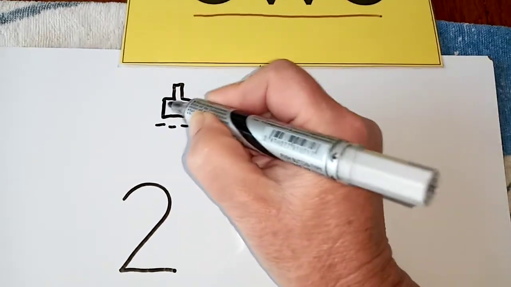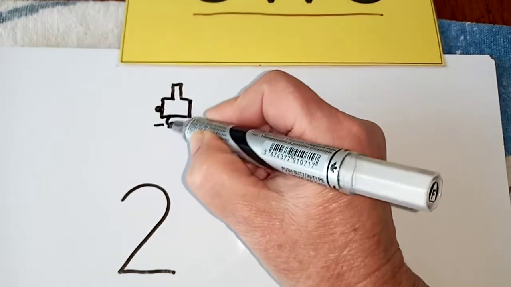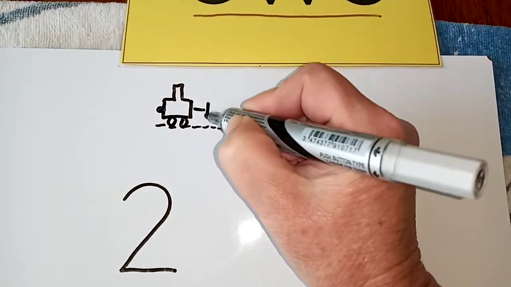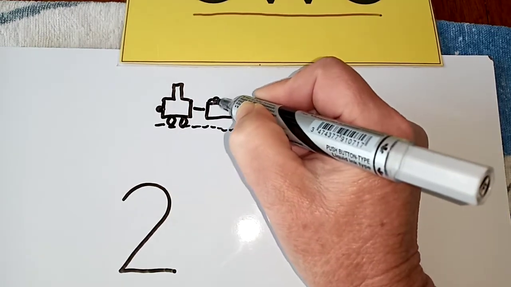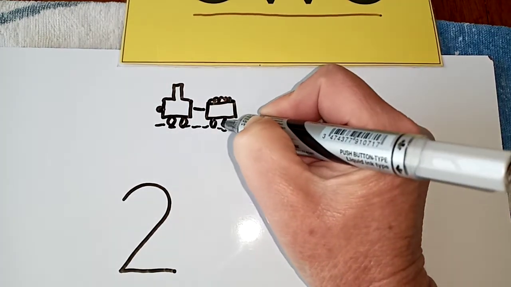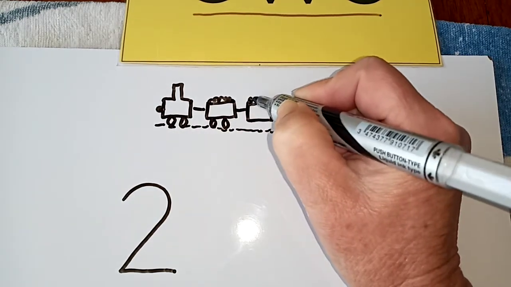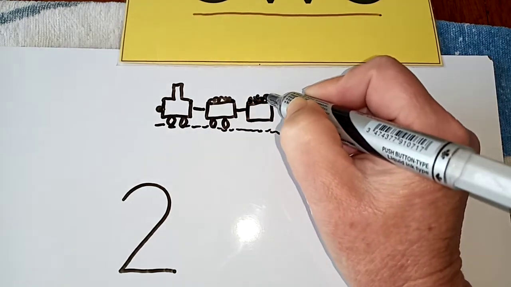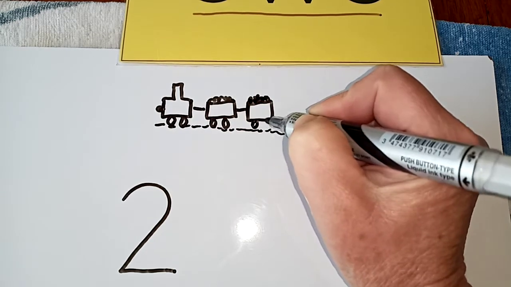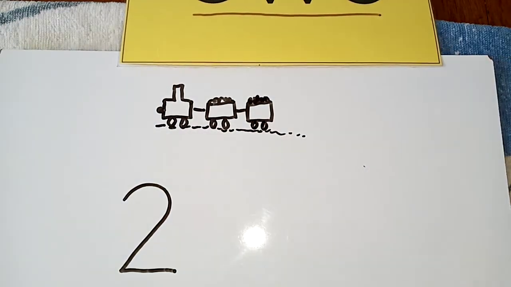Just draw a little engine quickly. And it can be carrying gold or coal or whatever. I think maybe it should carry some coal, and then maybe we can not have so much load shedding. What do you think? I think that's a good idea.